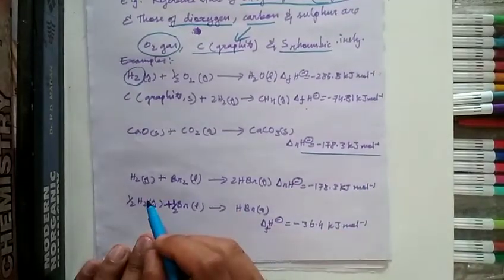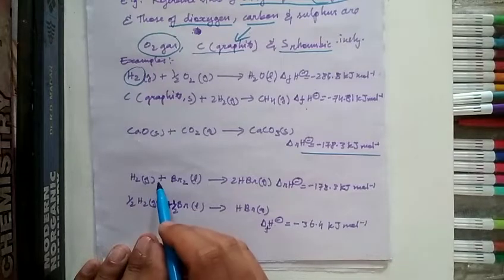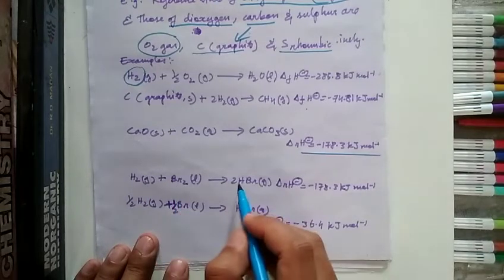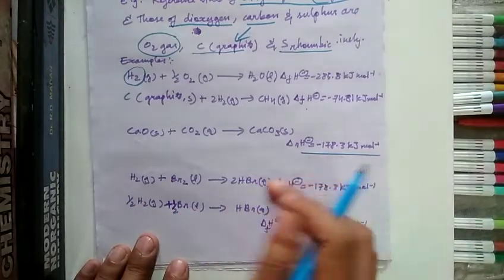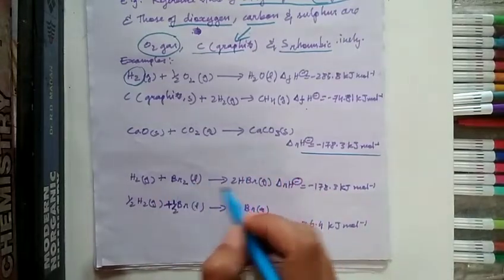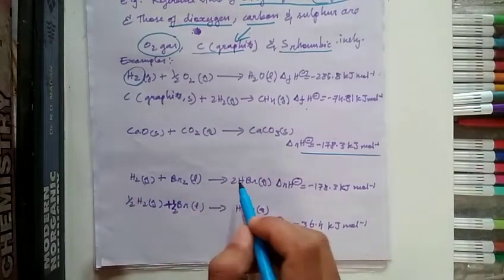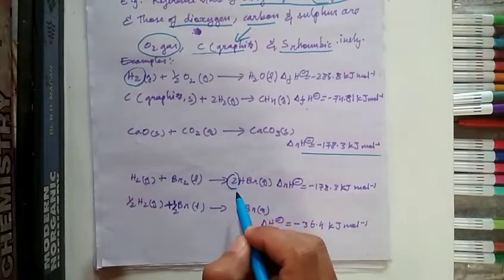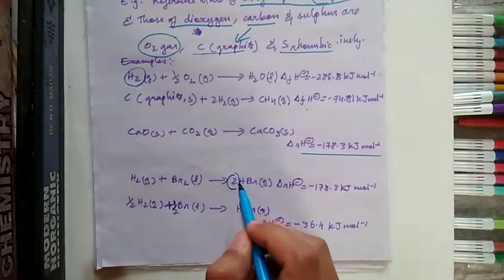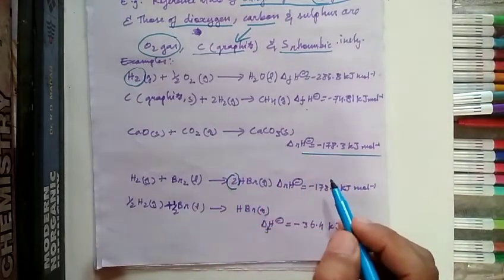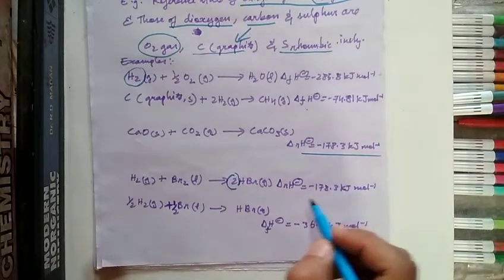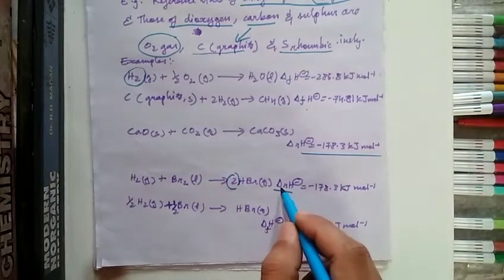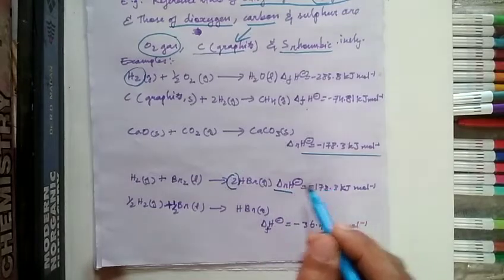Now let's see another case. Hydrogen reacts with bromine to give hydrogen bromide. These two combine to give 2 moles. Since it gives 2 moles, it is also not considered as standard enthalpy of formation, so we denote it by delta rH minus.